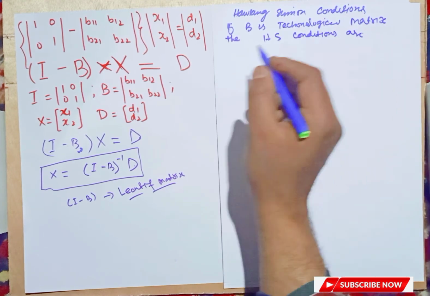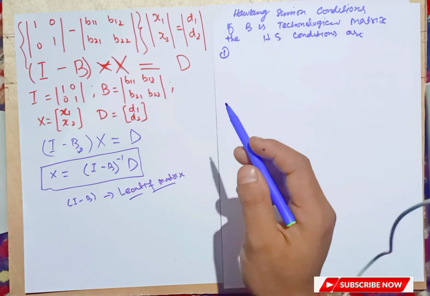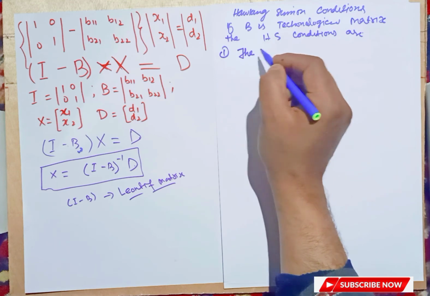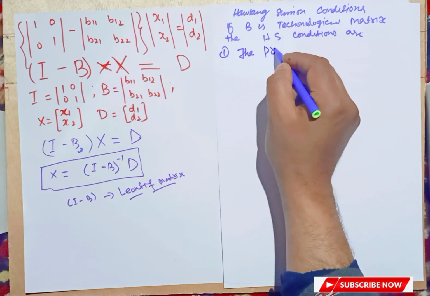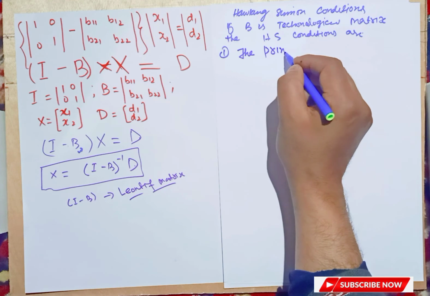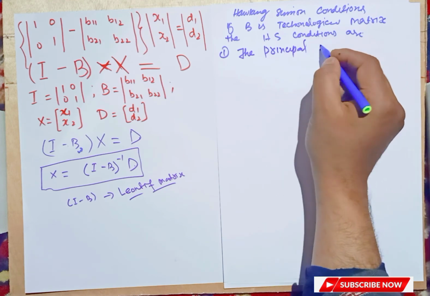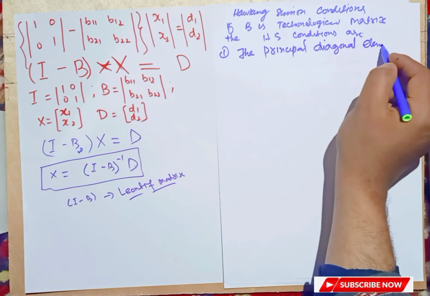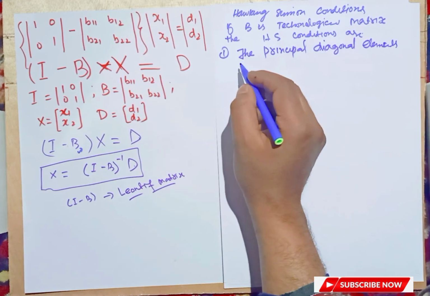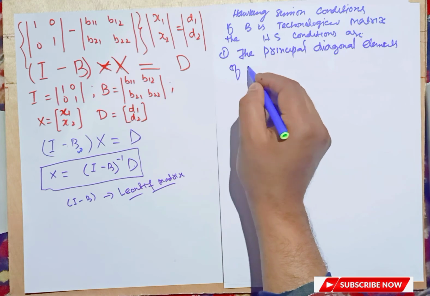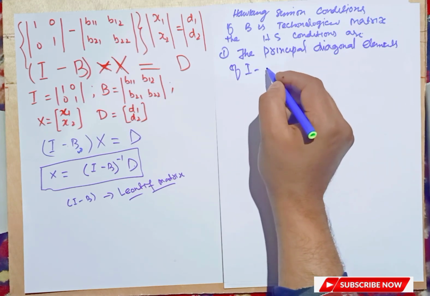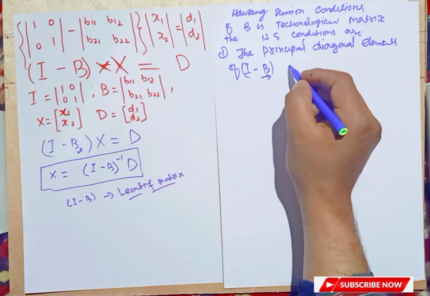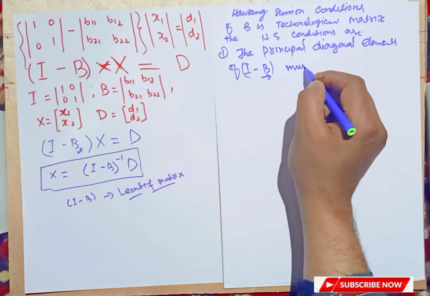The first condition is that the main diagonal elements, the principal diagonal elements, of I minus B, which is the Leontief matrix, must be positive.